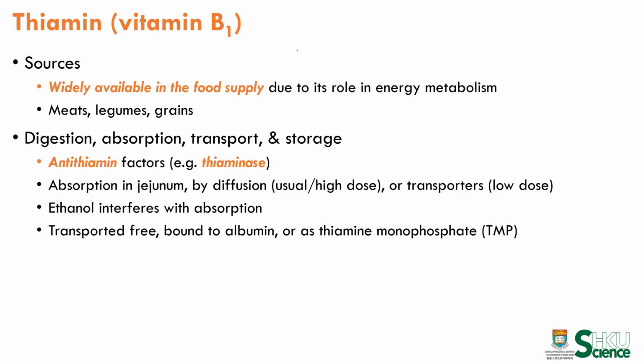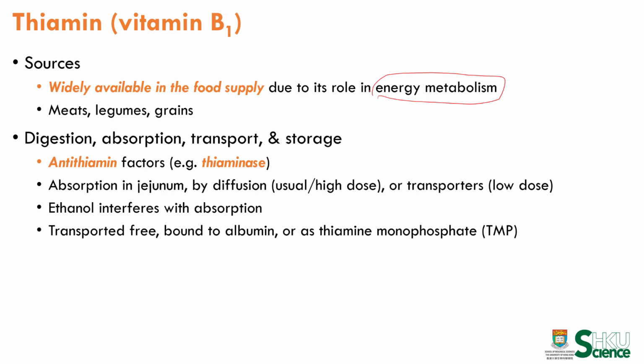Thiamine, due to its role in energy metabolism, is indeed very widely available in the food supply, because think about what thiamine does in any living cells. It is an important cofactor for energy metabolism.